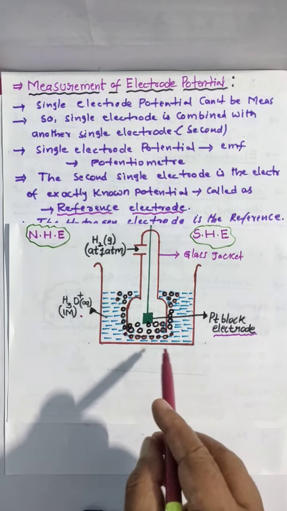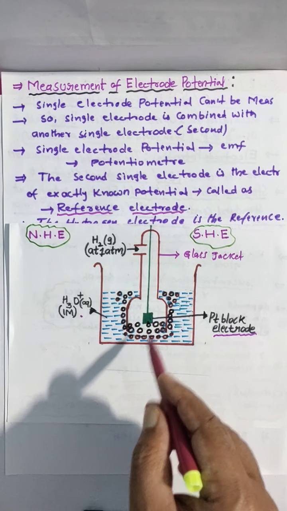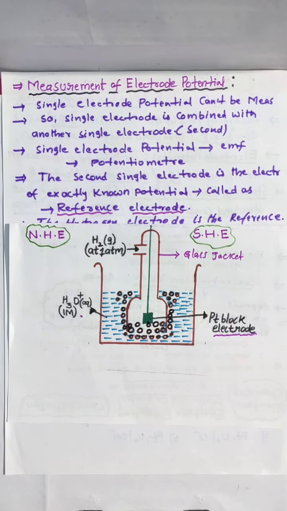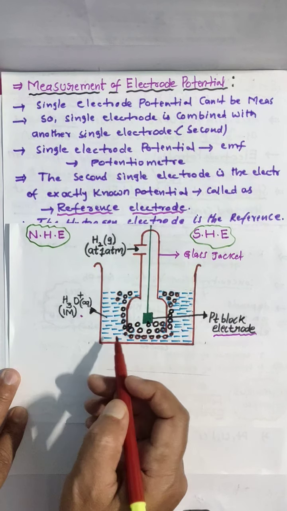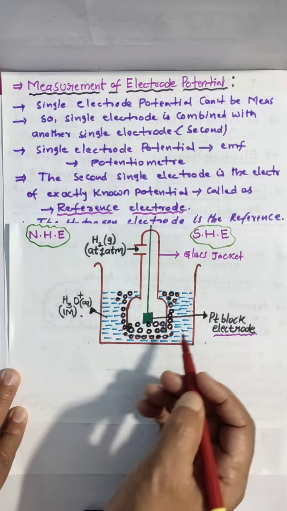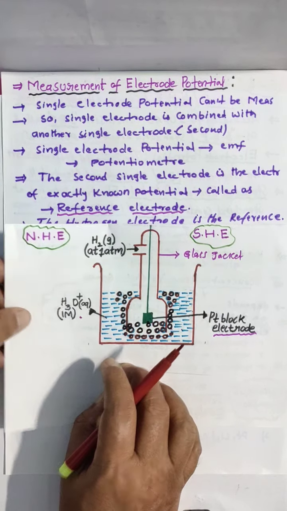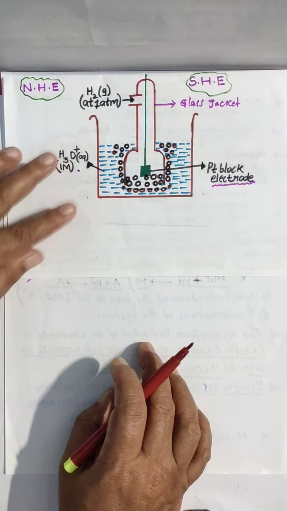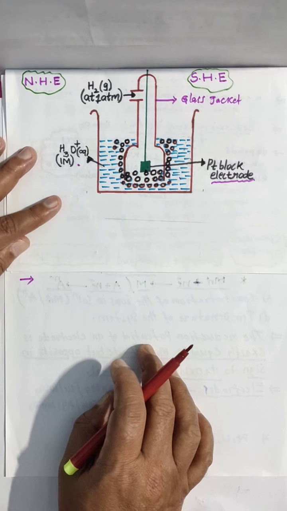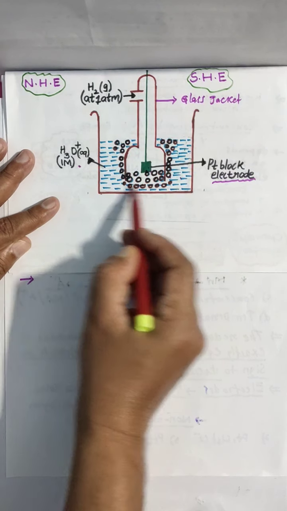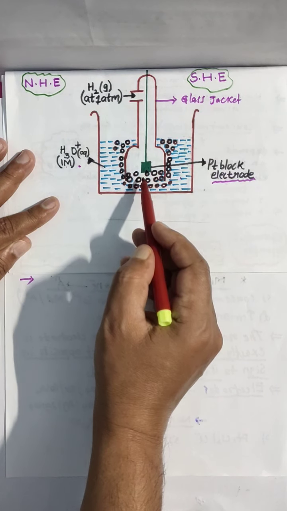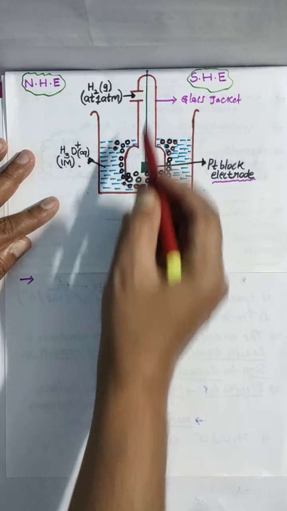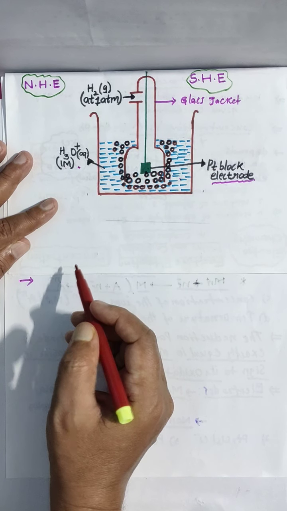When the reaction takes place, see here what we are using: platinum, hydrogen gas, H plus ions. This is the 1 molar solution, this is the platinum electrode, and hydrogen gas we are introducing from the jacket.